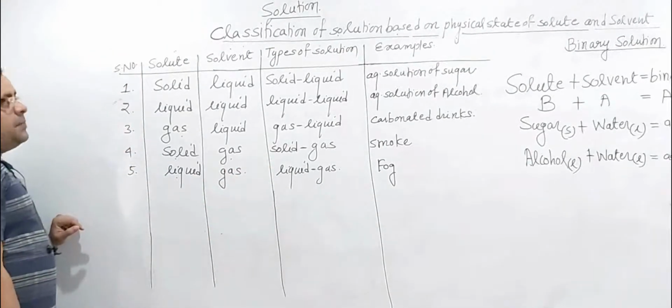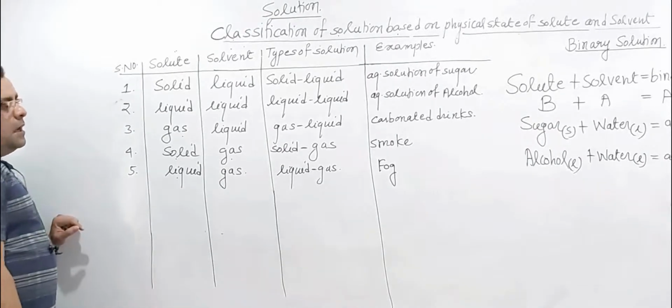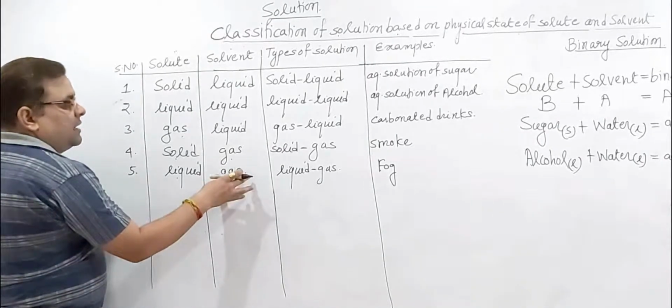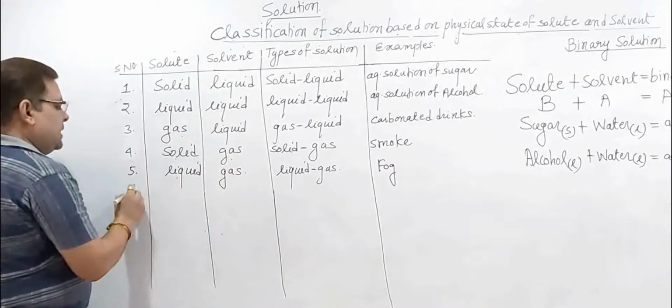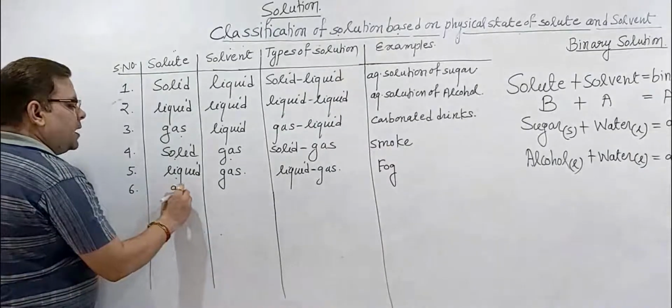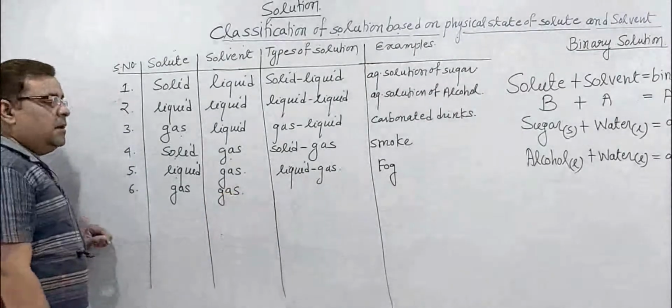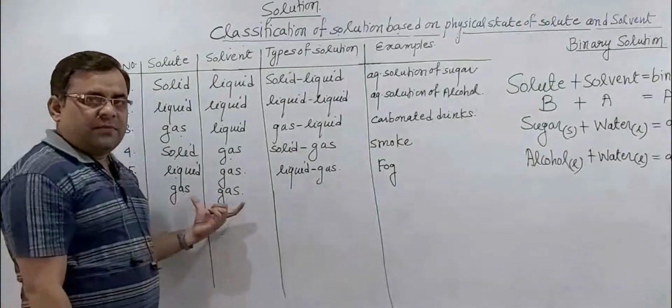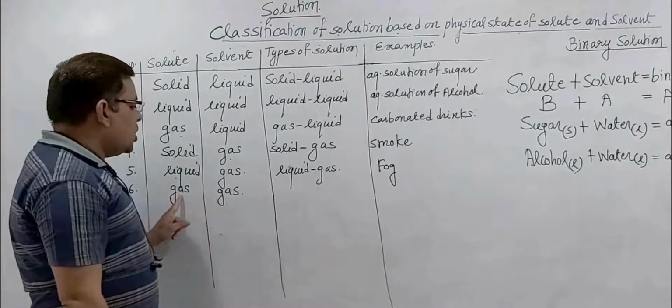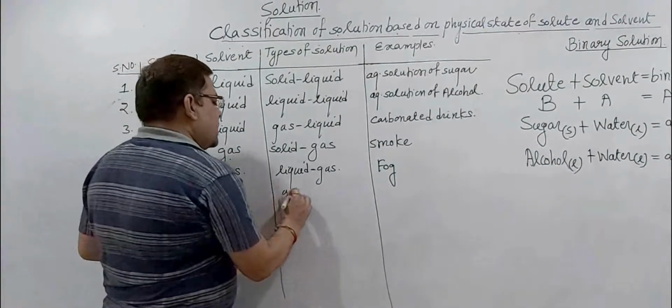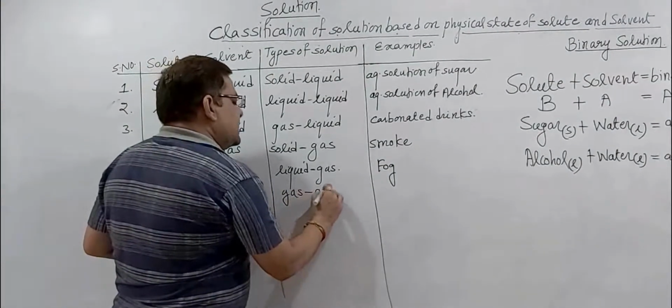And the next type of solution having gaseous solvent is gas in gas solution. A binary solution in which both solute and solvent are present in gaseous state is called gas in gas solution. And what is the example of gas in gas solution?